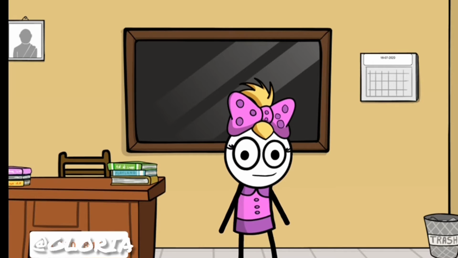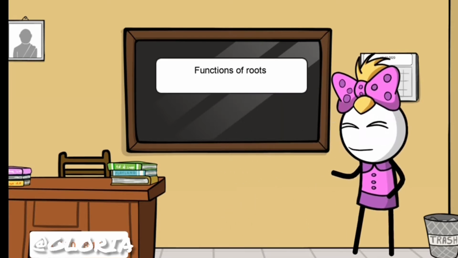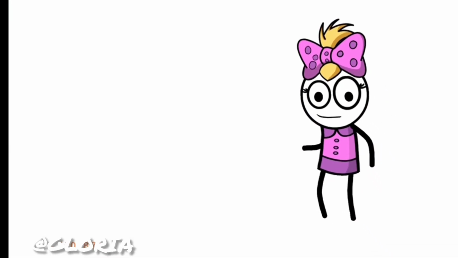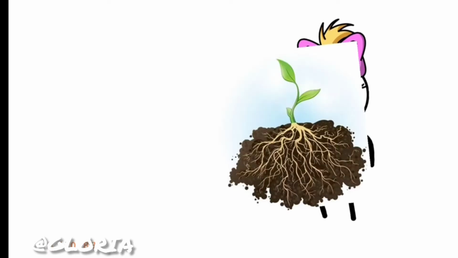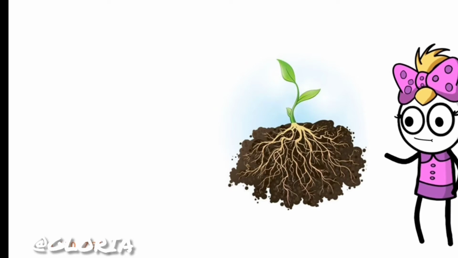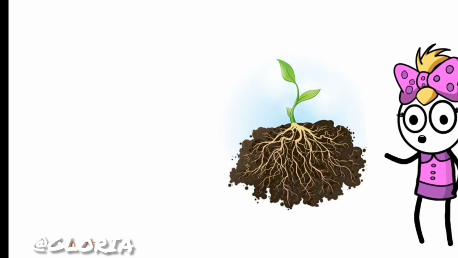Now, let us learn about the functions of roots. Children, the three main functions of roots are: they hold the plant firmly in the soil. That means root fixes the plants in the soil.